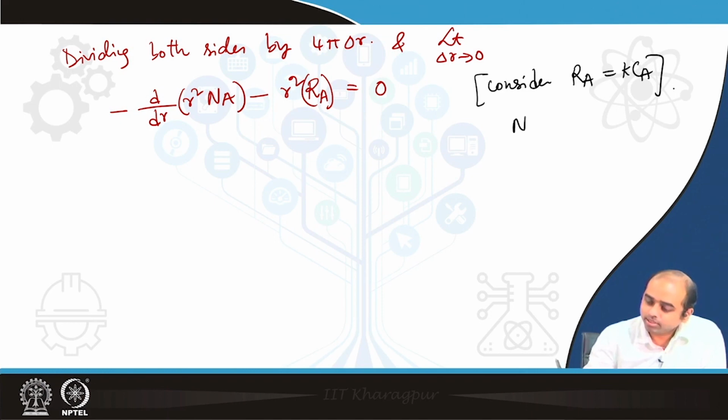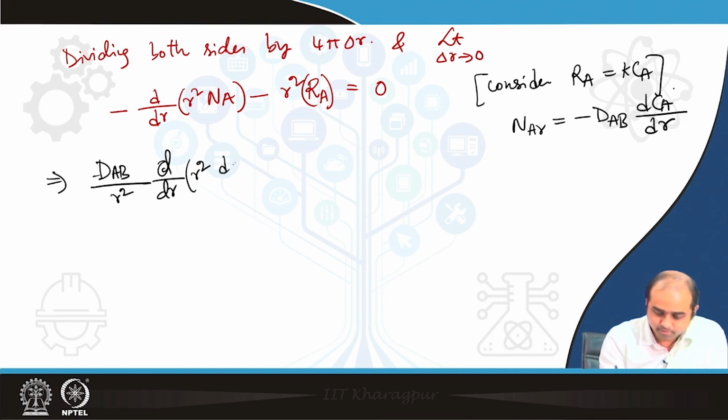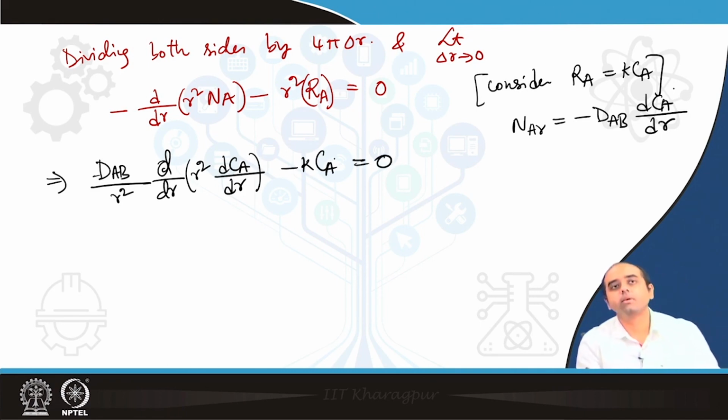And I can also consider that NaR is equal to minus, right, that is Fick's law of diffusion. So, we get, isn't it. So, this is the equation we are getting.